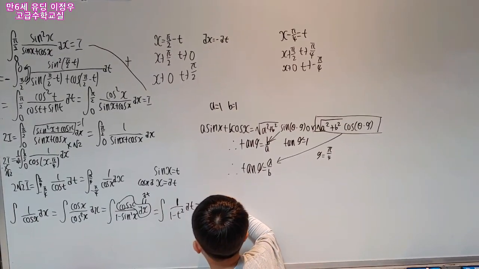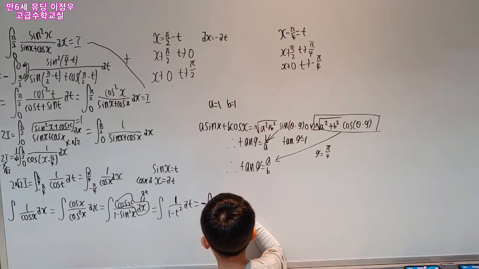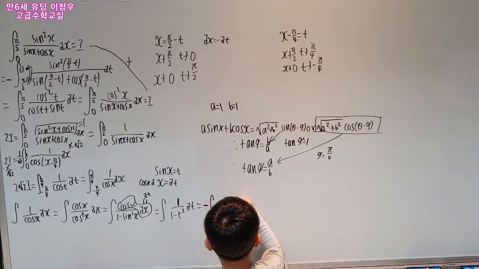And so this is negative the integral of 1 over t squared minus 1 dt.